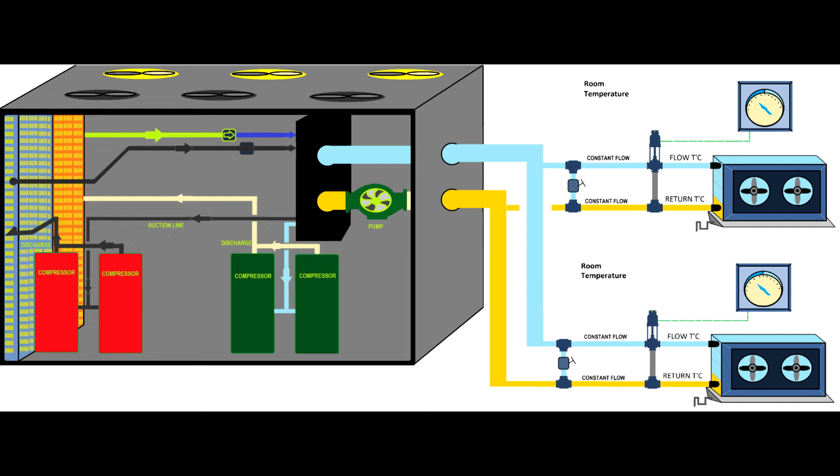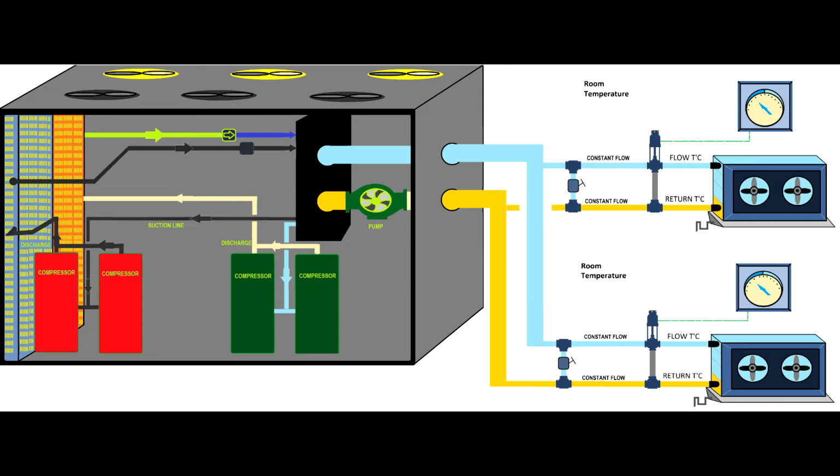So just to repeat what I said, if you have an issue where you cannot achieve the temperature and your three-way valves are working, it is a very good idea, and it is imperative, that you check the cooling agent flow temperature.